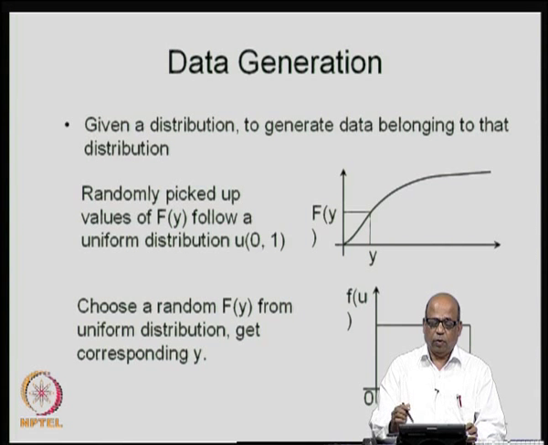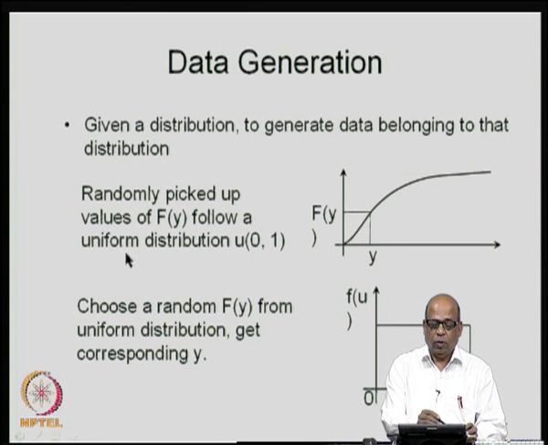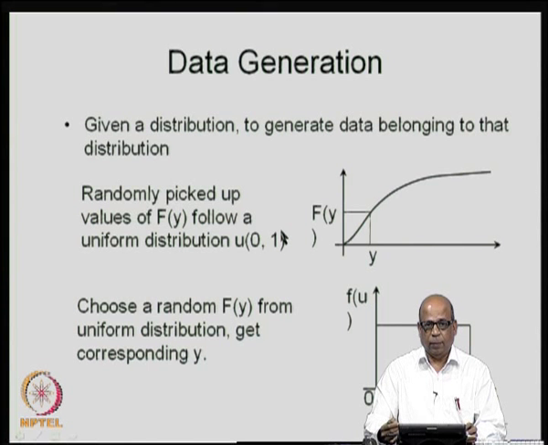The motivation for this procedure is that if you have the CDF, let us say the CDF is from here, and any CDF you pick up, randomly pick values on the CDF. As you know, the CDF can vary between 0 and 1. So, if you pick up randomly the values on the CDF, they follow a uniform distribution in the interval 0 and 1.